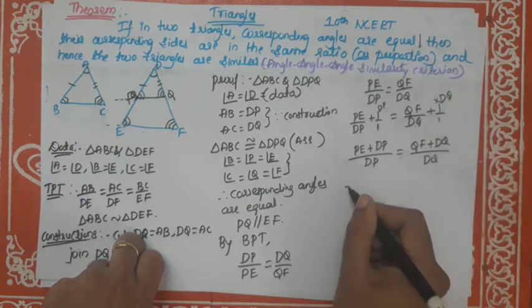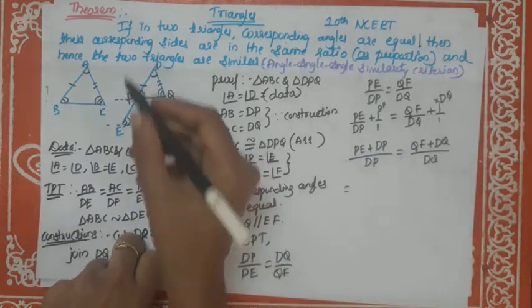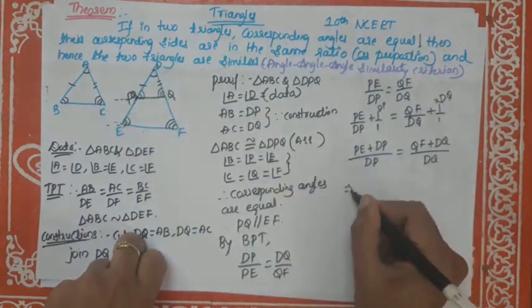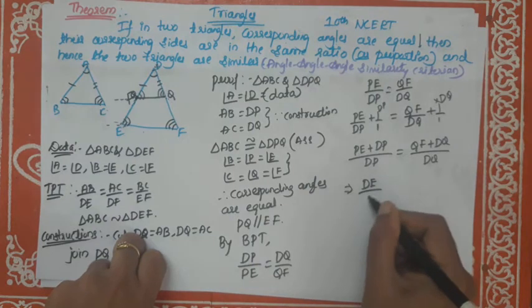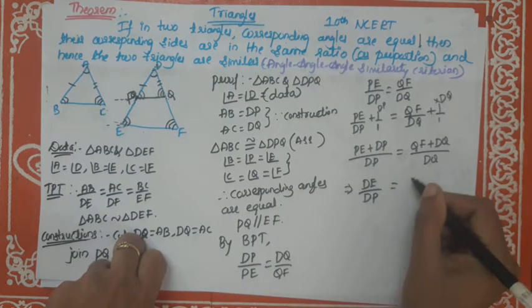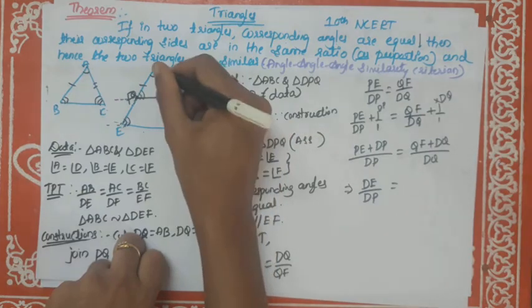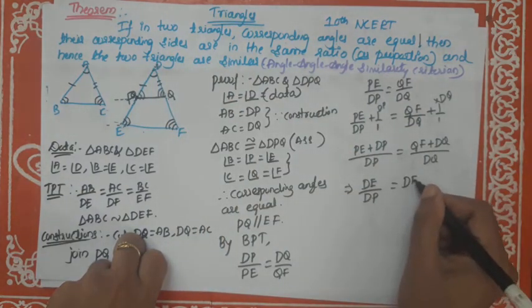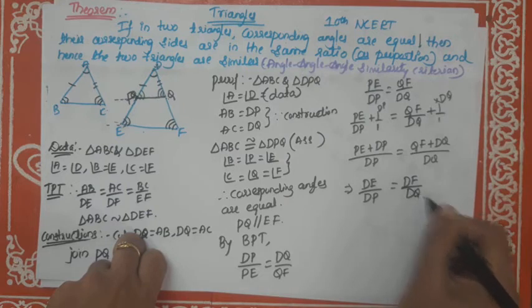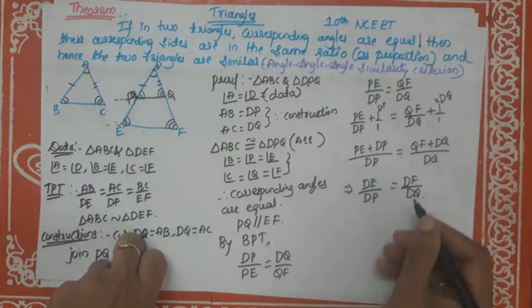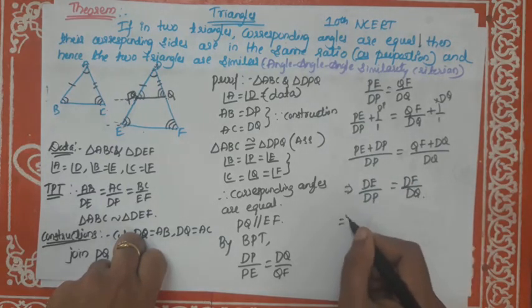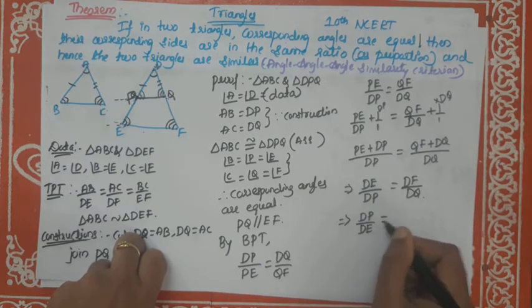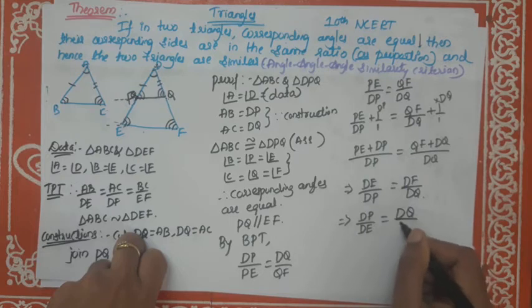So PE plus DP is DE, so this is DE by DP. QF plus DQ equals DF, divided by DQ. Now I inverse this: DP by DE equals DQ by DF.